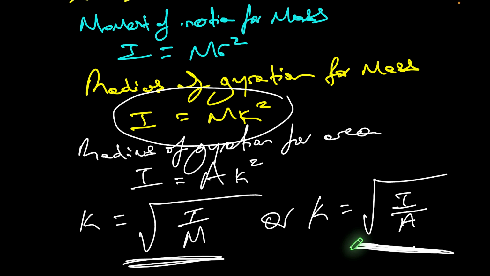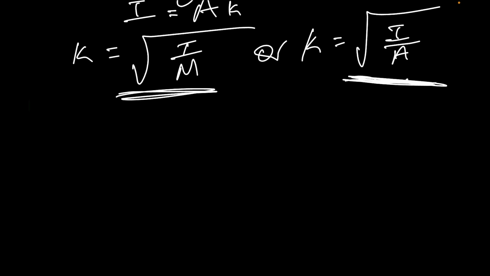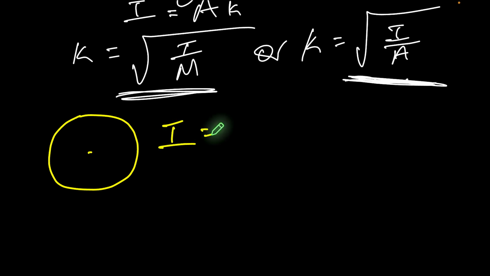Now let's use some examples and put it into practice so you can appreciate exactly what the radius of gyration does. This should make the concept crystal clear. Let's say we have a uniform circular disc like this here, where the mass is spread evenly in all directions, and it's just a plain solid disk. The formula for its inertia is I equals half mr squared. I'm sure you have come across this formula before.